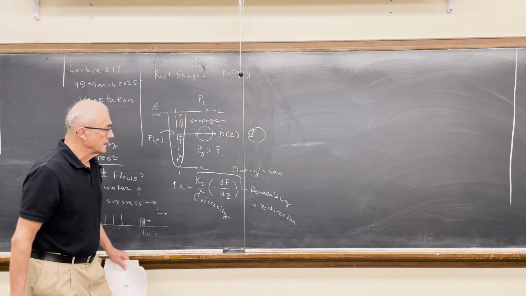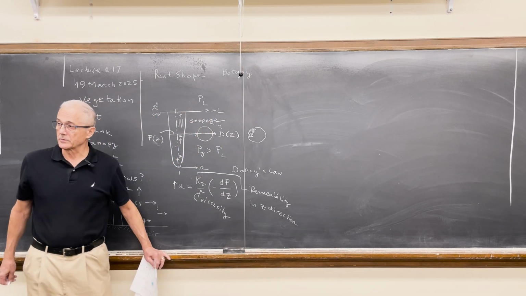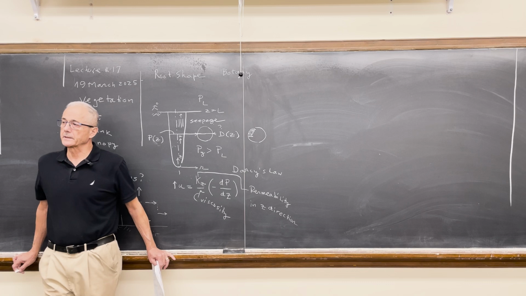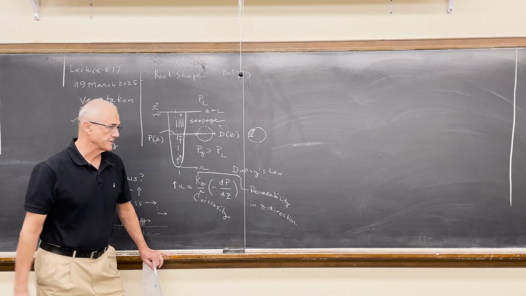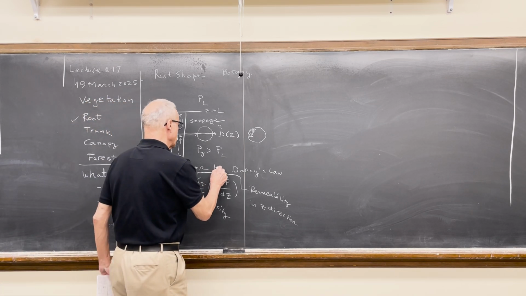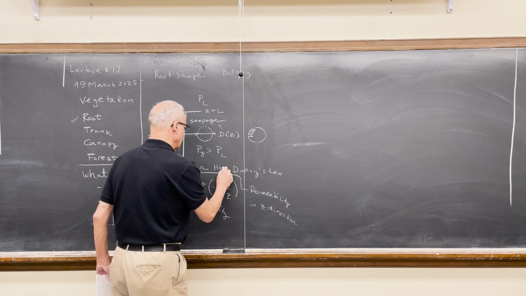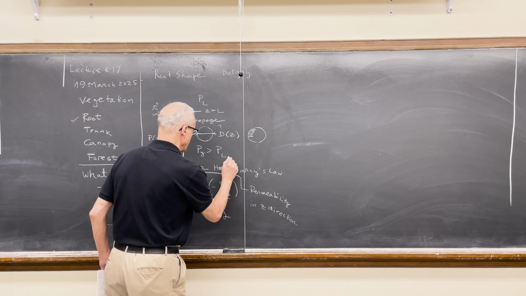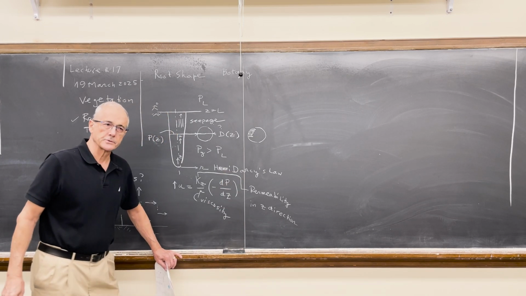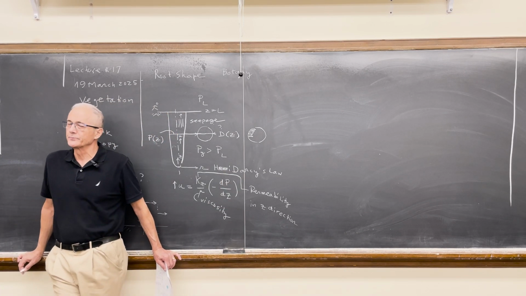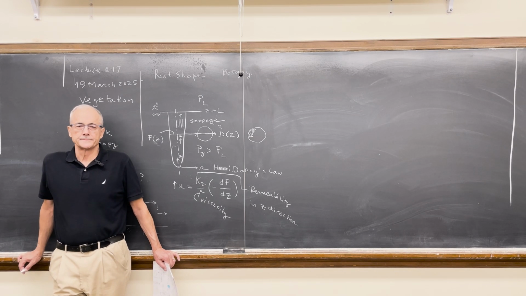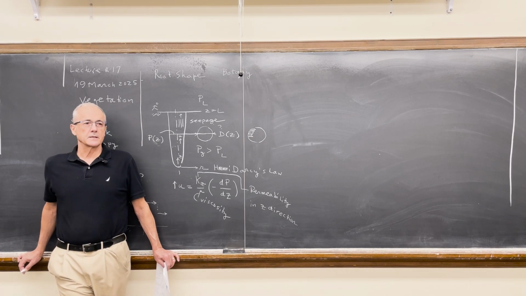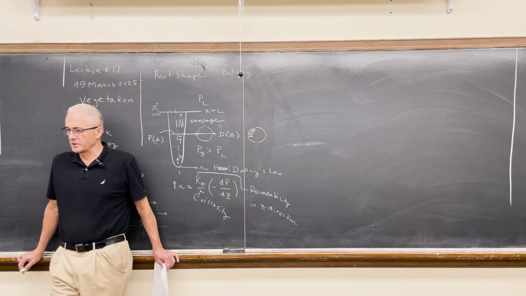Okay? Now, Darcy was a mechanical engineer. His first name was, still is, but he's dead, Henri. And he was a graduate of the famous École Polytechnique. And he was working as an engineer in his home city of Dijon.